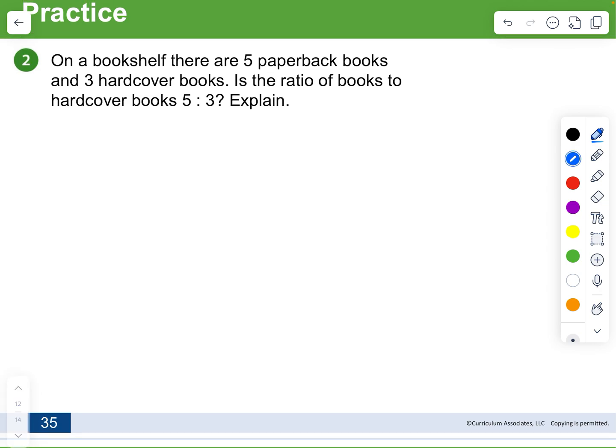On page 35, number 2. On a bookshelf there are 5 paperback books and 3 hardcover books. Is the ratio of books to hardcover books 5:3?